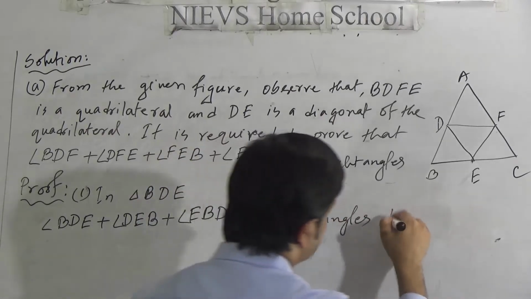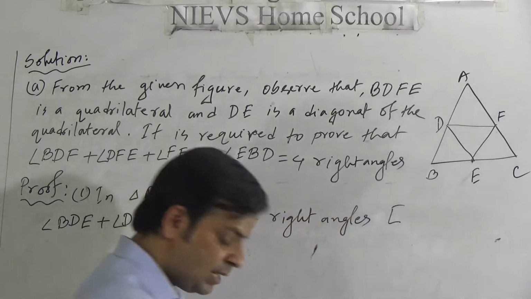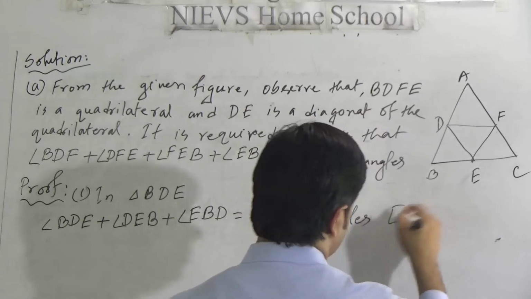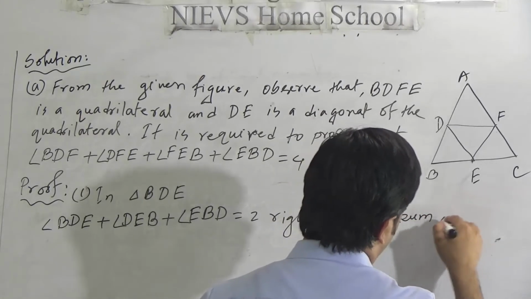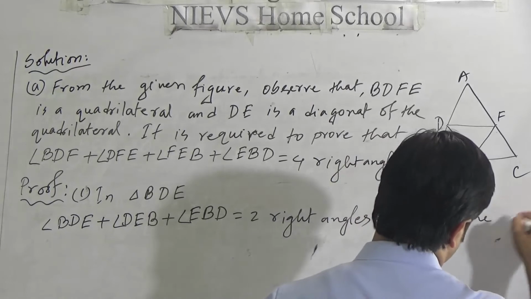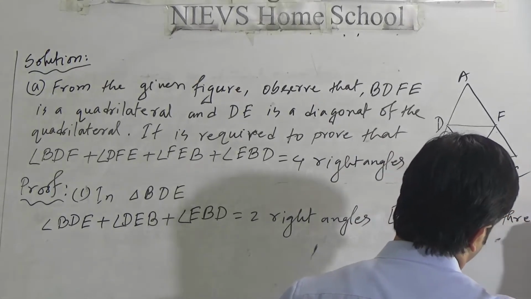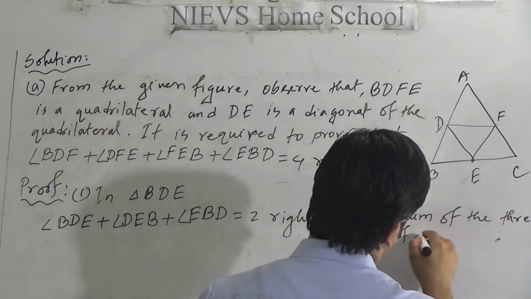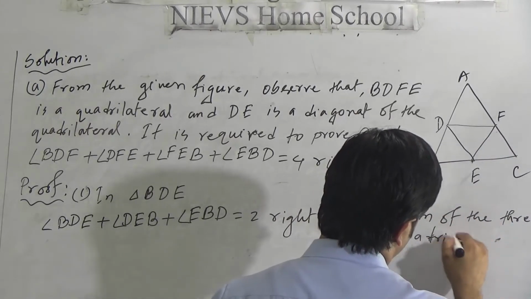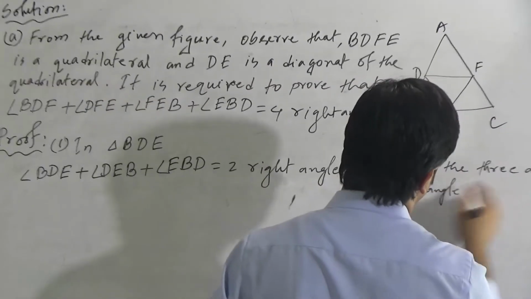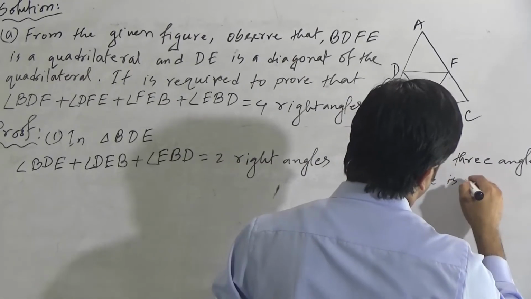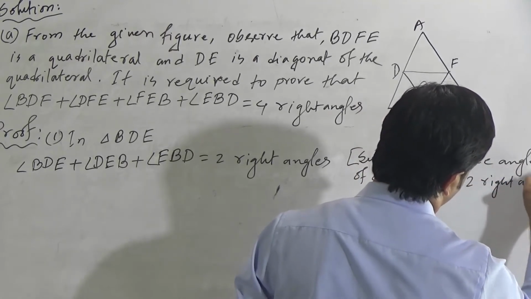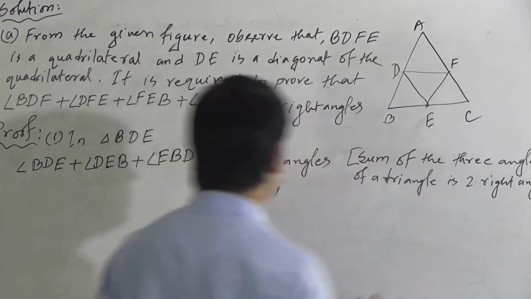Dear students, we can write the justification here. What is the justification? The sum of the three angles of a triangle is two right angles. So this is the justification.